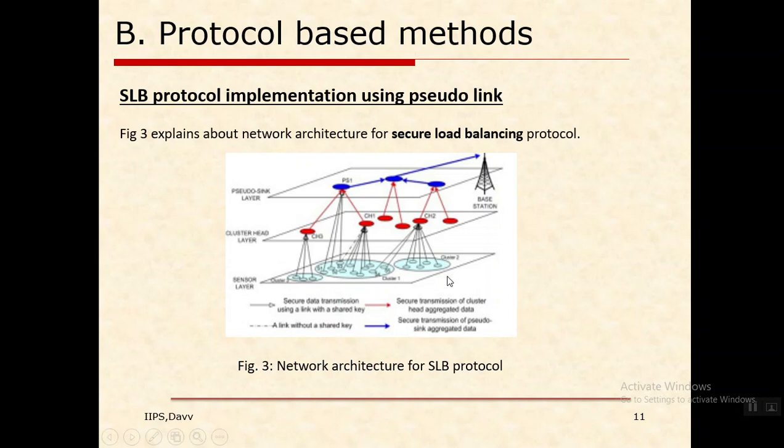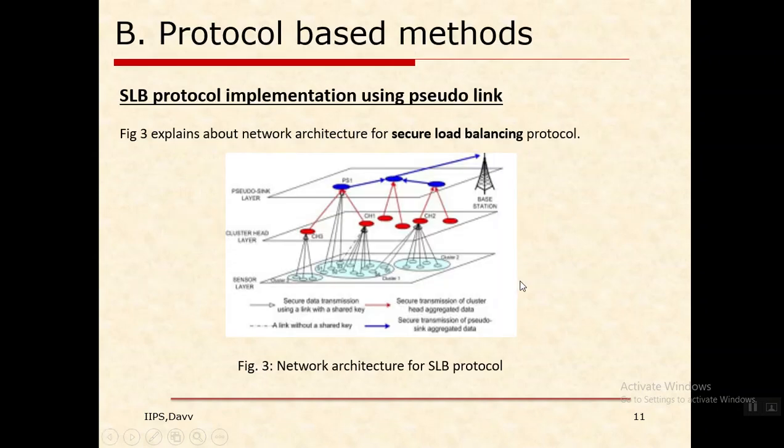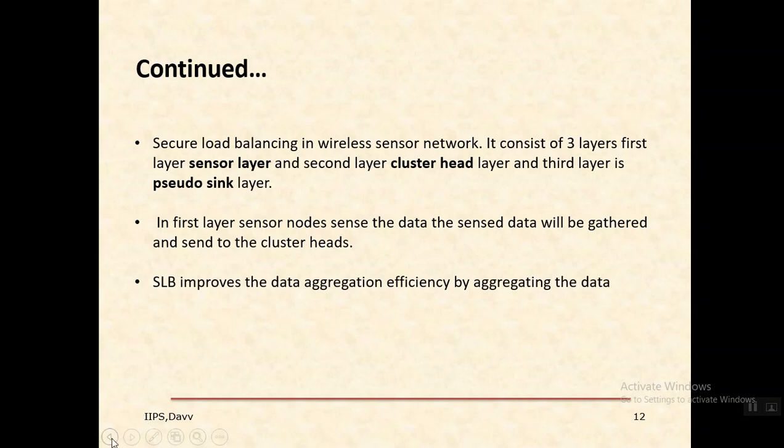Now we come to protocol based methods. SLP protocol implementation using pseudo-link is the first point. In this network, we have three layers: the sensor layer, cluster head layer, and pseudo-link layer. The sensor layer will sense the data and forward it to the cluster heads.